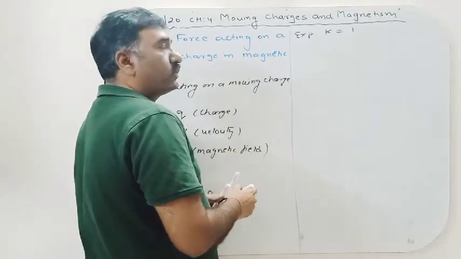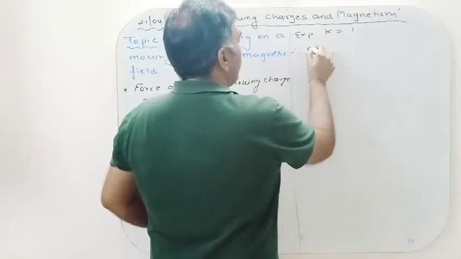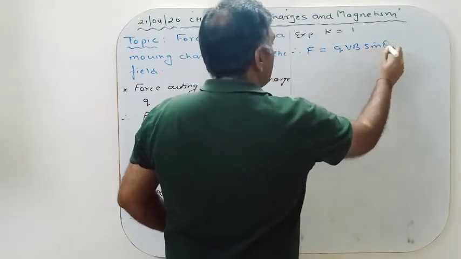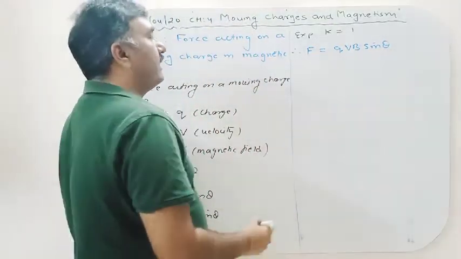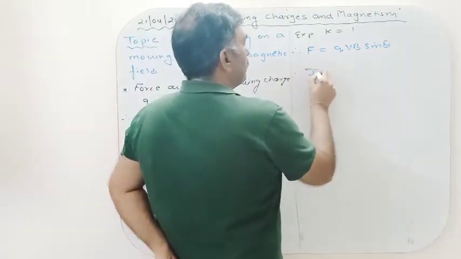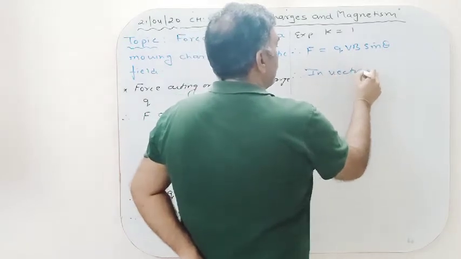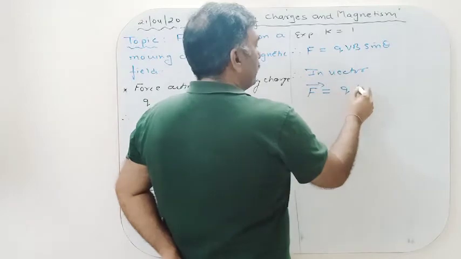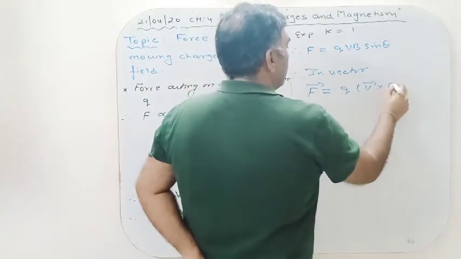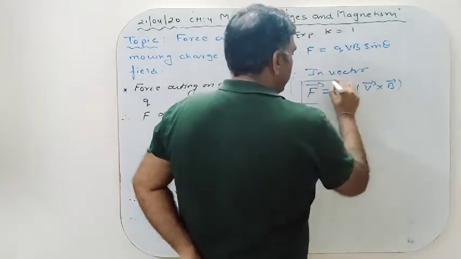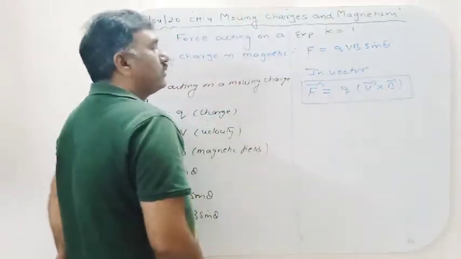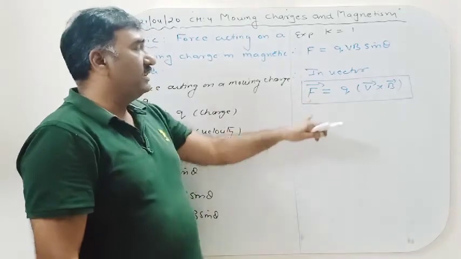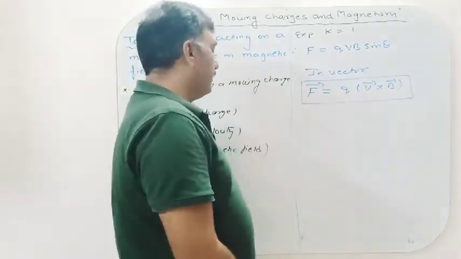Therefore F is equal to QVB sin theta, and in vector form, F is equal to Q V cross B. This is the formula for the force acting on a charge when it enters a magnetic field.